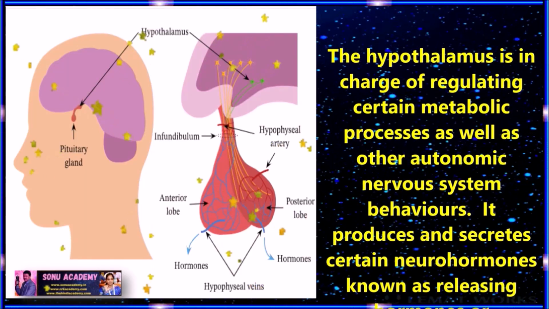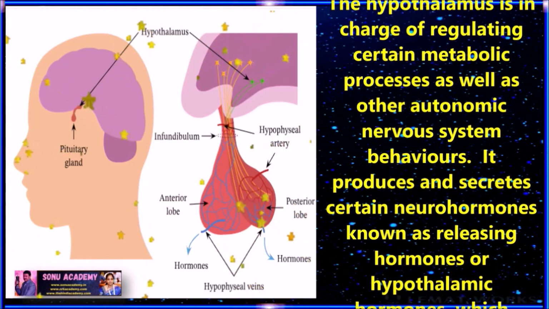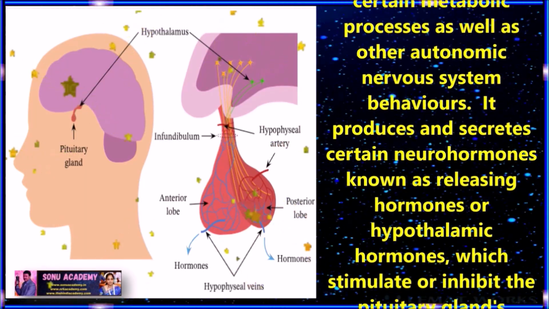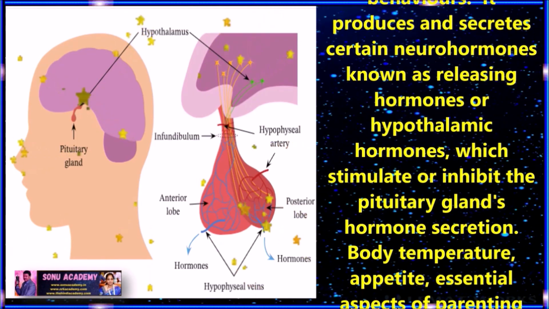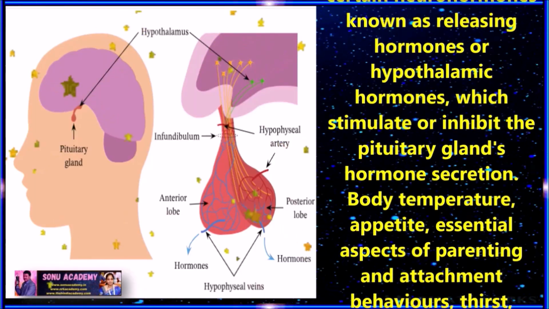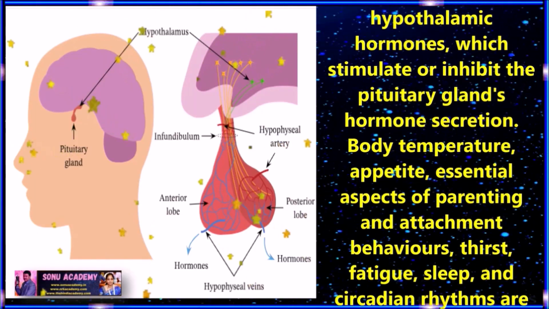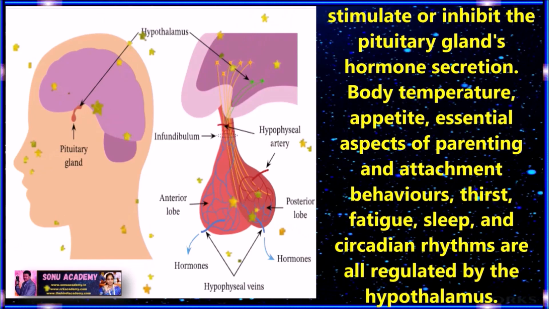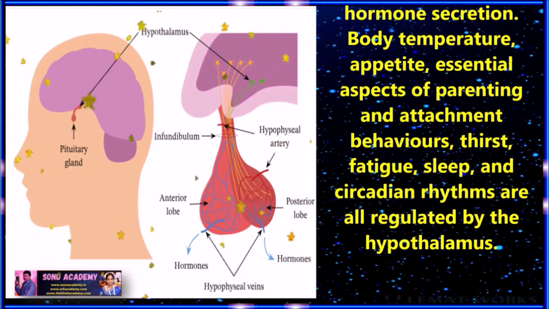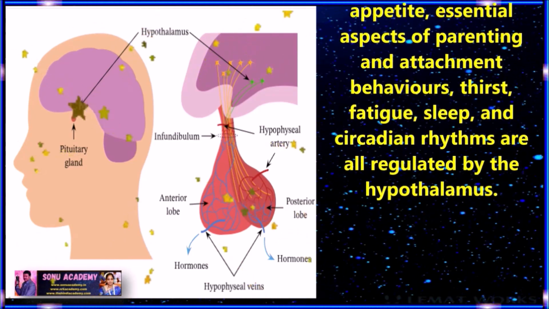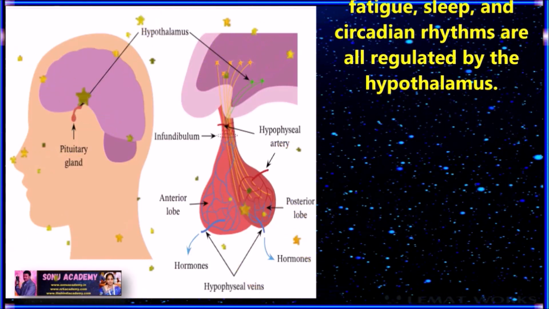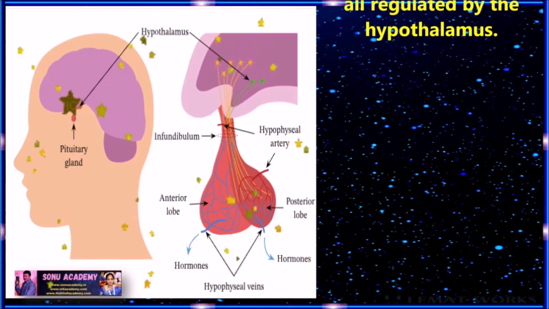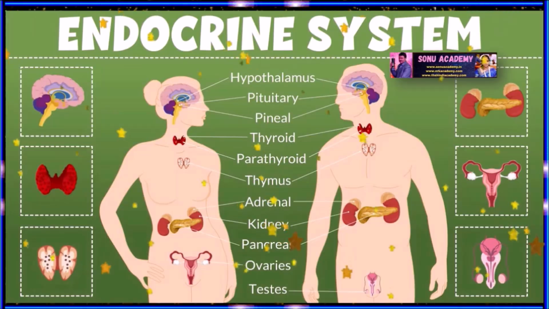It produces and secretes certain neurohormones known as releasing hormones or hypothalamic hormones, which stimulate or inhibit pituitary gland hormone secretion. Body temperature, appetite, essential aspects of parenting and attachment behavior, trust, fatigue, sleep, and circadian rhythms are all regulated by the hypothalamus.